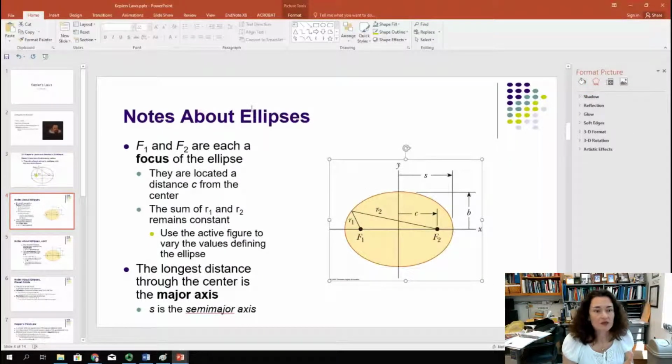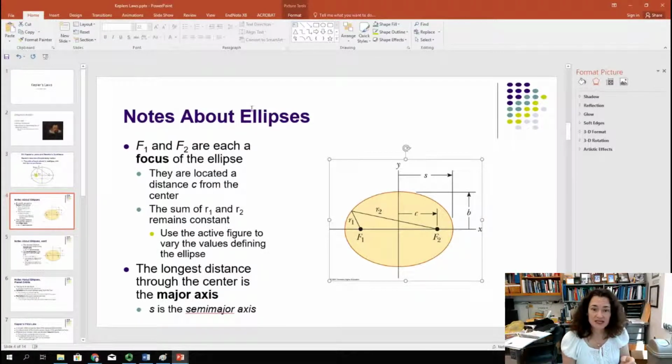They're located a distance c from the dead center of the ellipse, if you draw crosshairs between the short axis, which is called the semi-minor axis or the minor axis, and the long axis, or the major axis, of the ellipse. So the crosshairs are at dead center and the foci are at a distance c along the long axis away from the center, right?